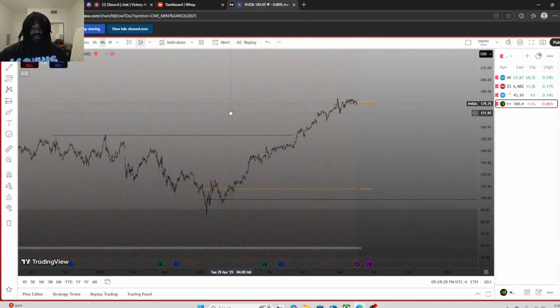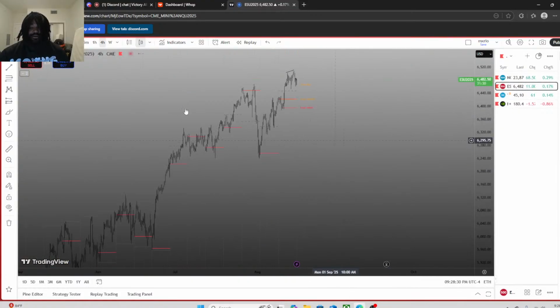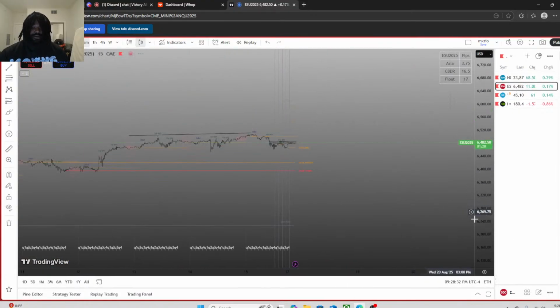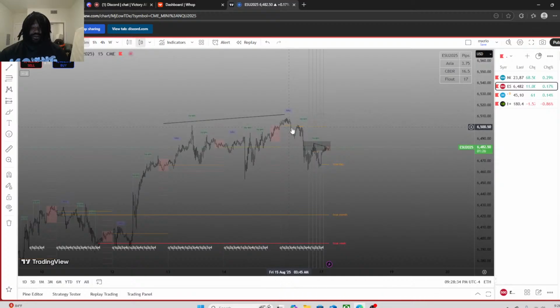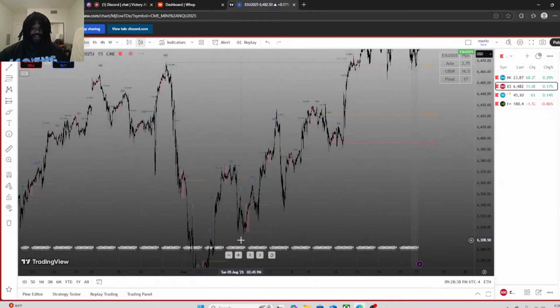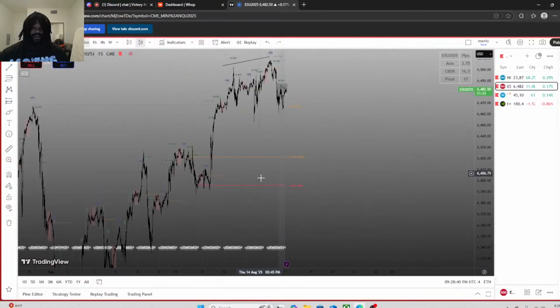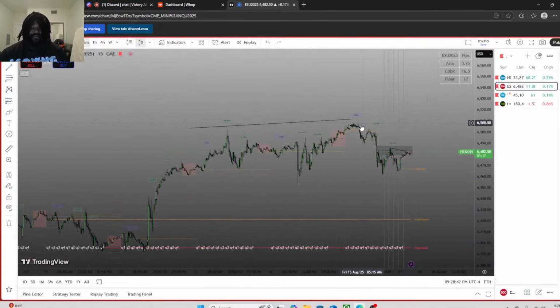But the rest of y'all, this is what you're focused on. These sessions. You're not focused on swinging. You're not focused on holding from here to up here. If you can just find a setup within a certain window of time, whether it's London, Asia, or New York, as long as you can find a sense of direction in one of these, y'all are fine.